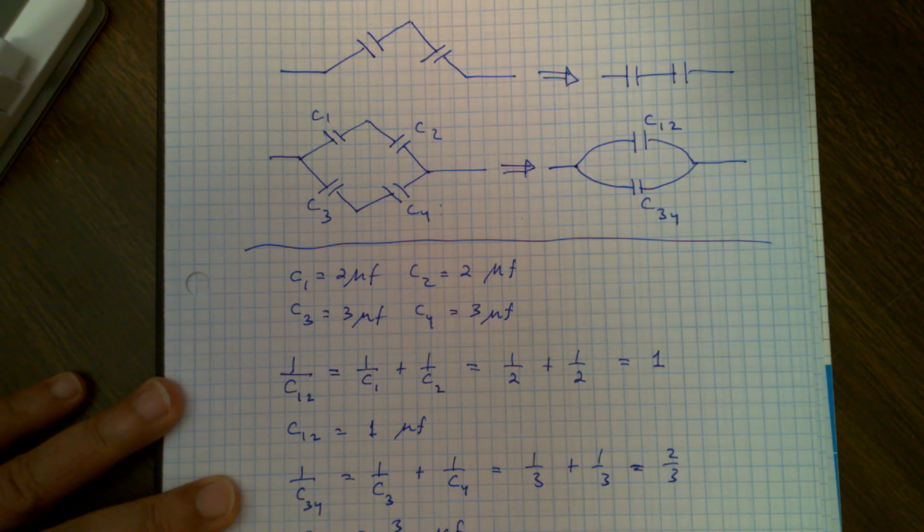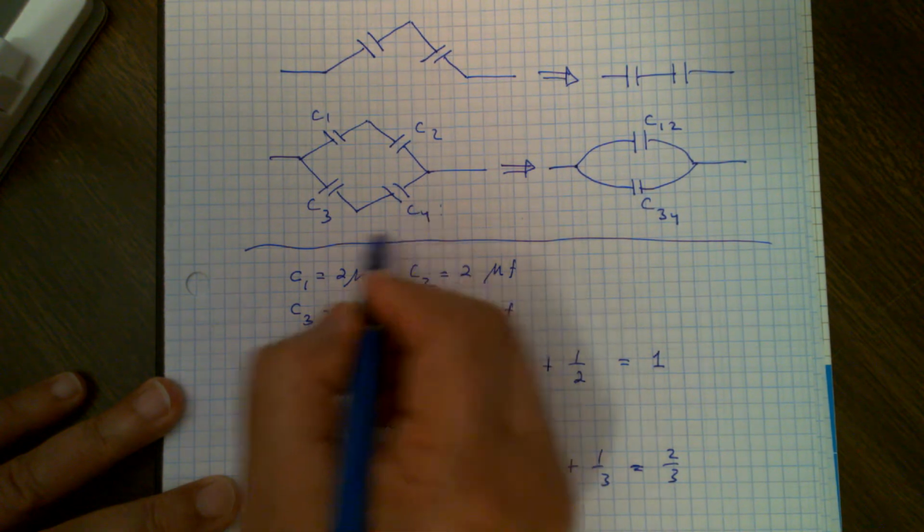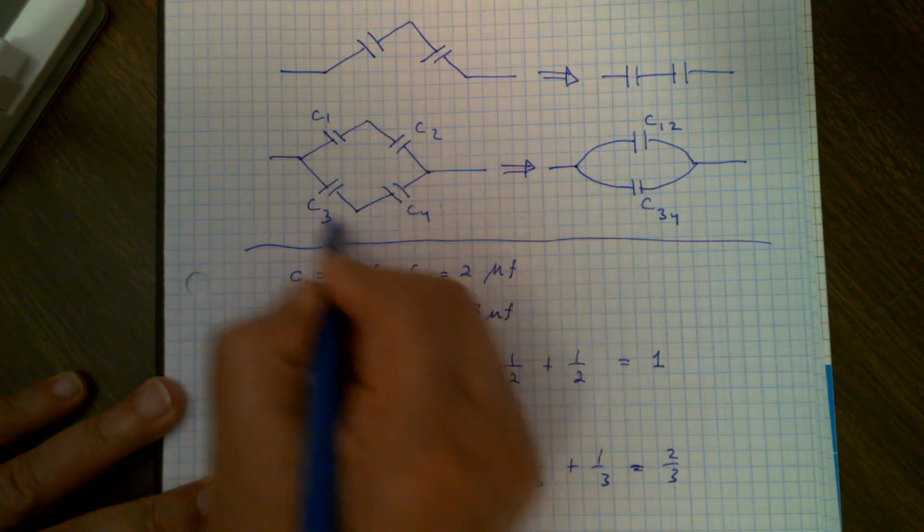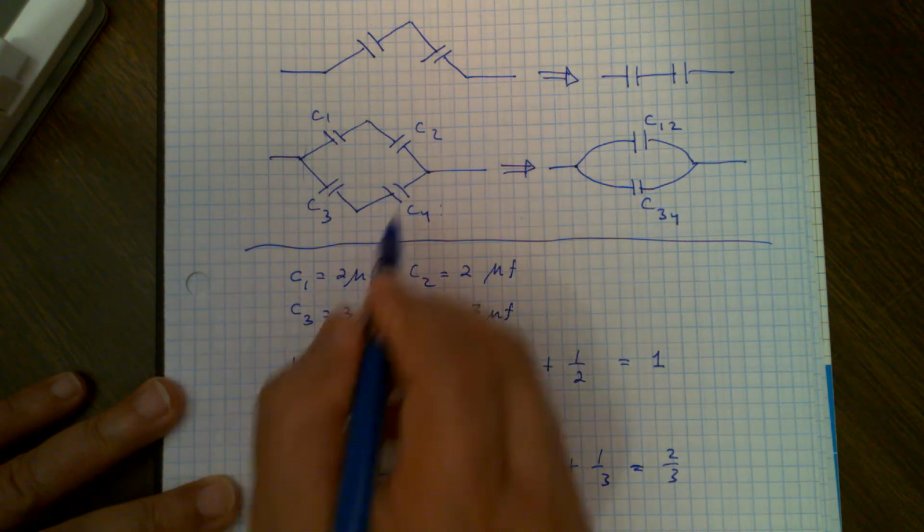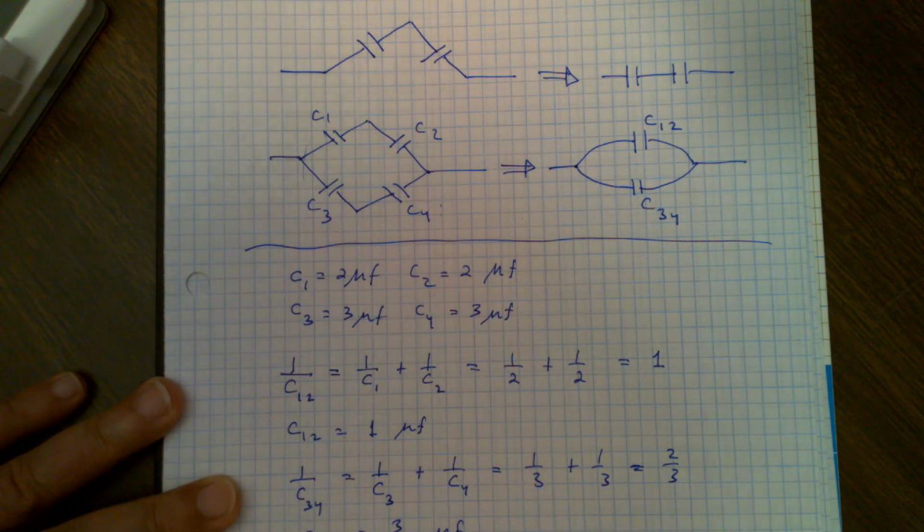So then C1,2,3,4, the whole equivalent capacitance for the whole arrangement, is 1 plus 3 by 2, so that's 5 by 2 microfarad, or 2.5 microfarad.